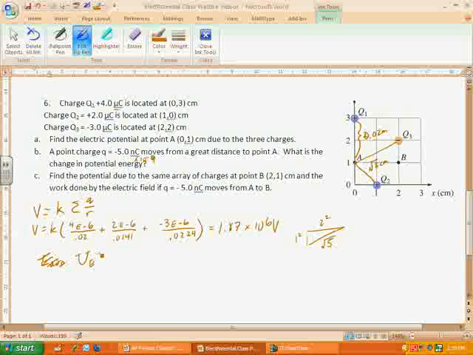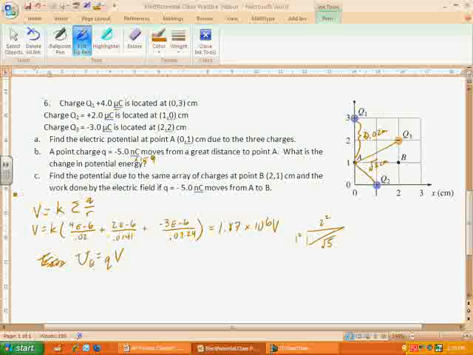Now the nice thing is we've already found out what the potential is at point A. And so if we bring it from an infinite point way the heck out here and bring it all the way into A, at an infinite point the voltage would essentially be 0, right? The potential, since it's so far away, these would be very big numbers, and divide by big numbers will give you something very, very small, 0. So we can say that out here my potential is going to be 0.